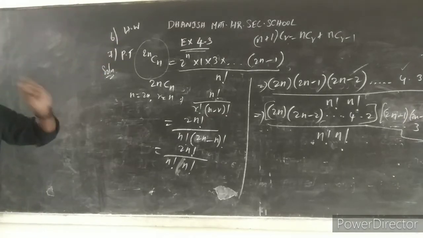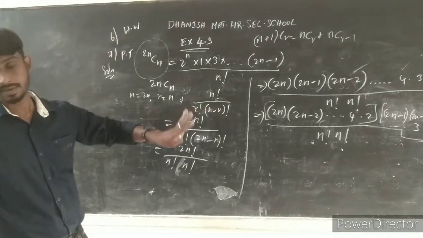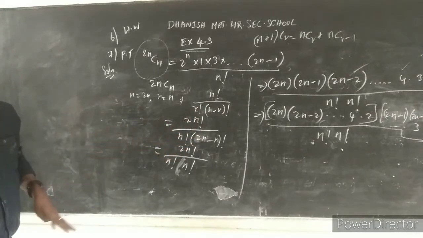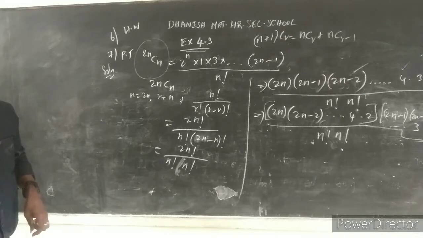So we are separating the odd numbers and even numbers here. Then we are getting the values.